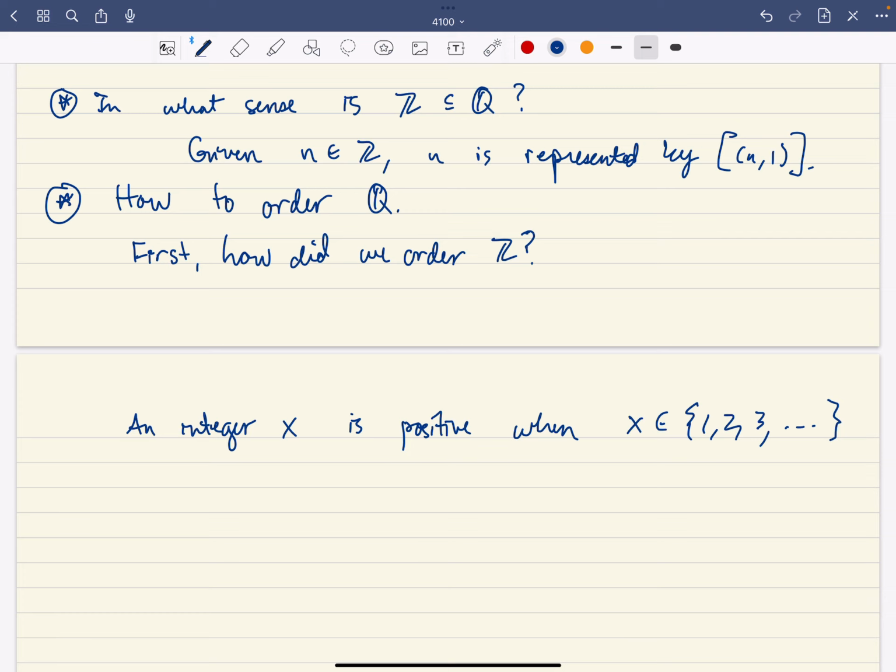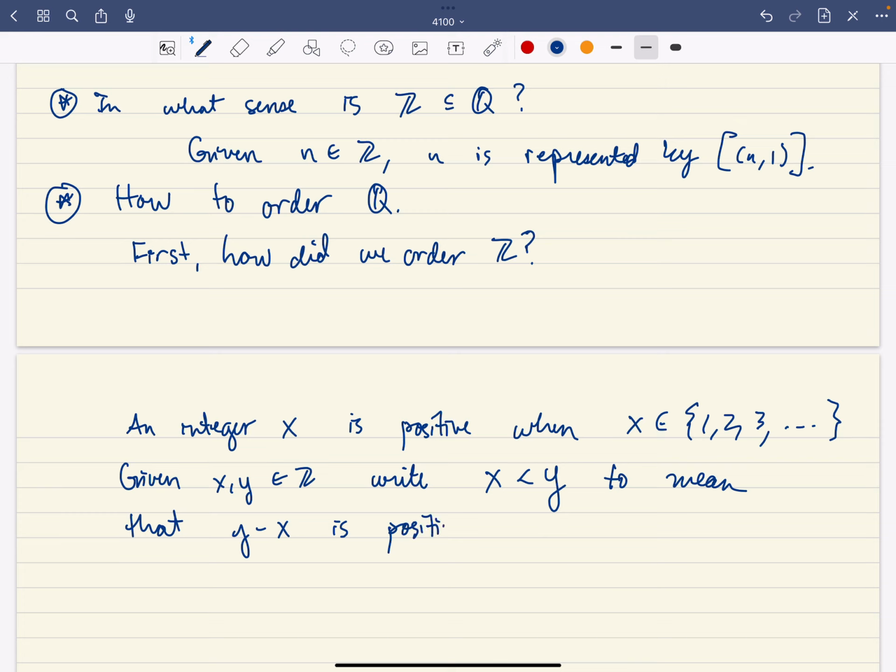Then, given two integers x and y, we write that x is less than y to mean that y minus x is positive. That's a completely rigorous way to define a relation on the set of integers.